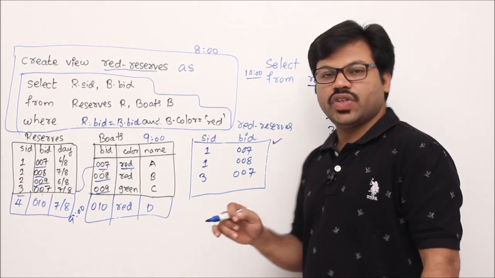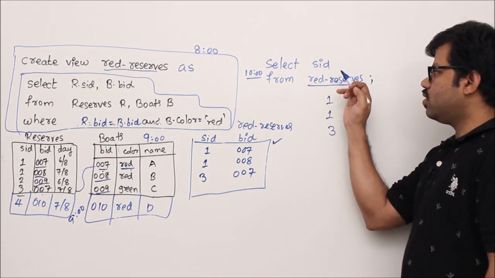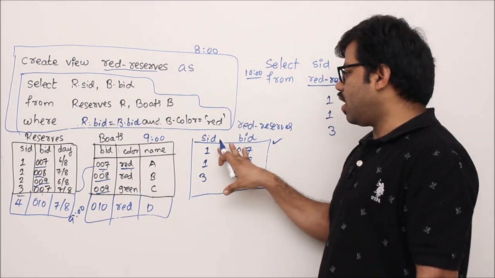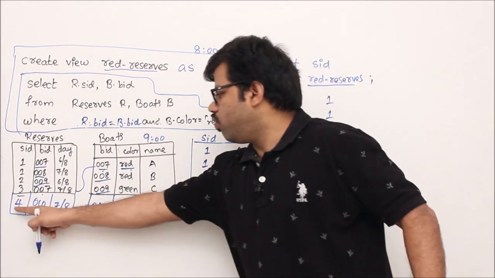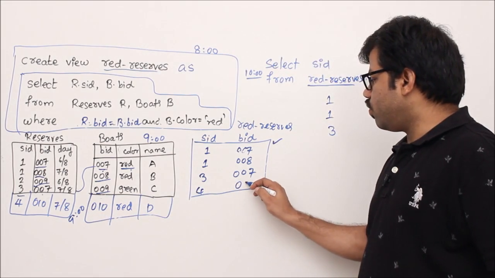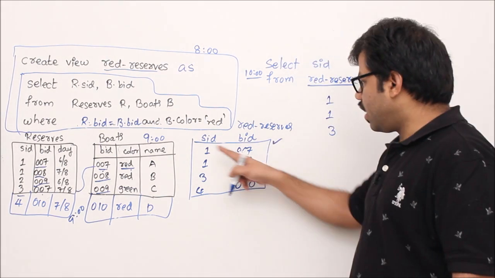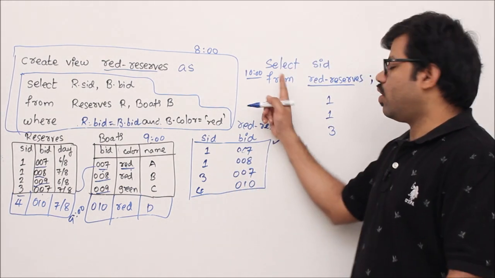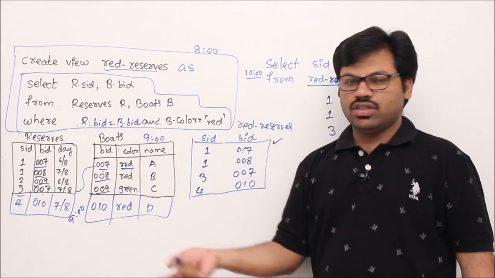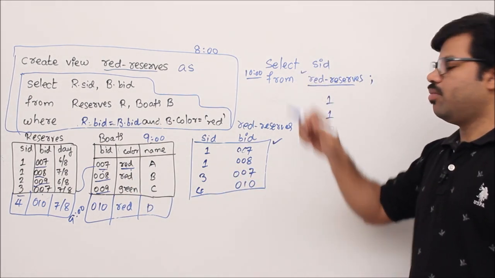Then you see the situation: at 10 o'clock when you execute red reserves, because at that time this query will be computed, 4, 010 also will be added to the result, because we are creating this table at 10 o'clock. By that time they are available, so new data will be included, so there will not be any problem, correct?